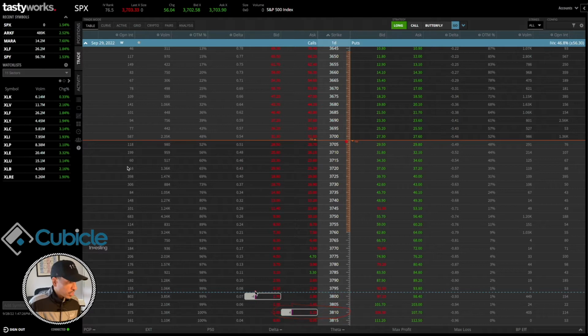In this case, I'm selling 4 contracts of this vertical call credit spread. Again, these are call options because they are on the call side. This here is the put side, so anything over here will be puts. Anything over here are considered call options. All right, so let me start the video again.